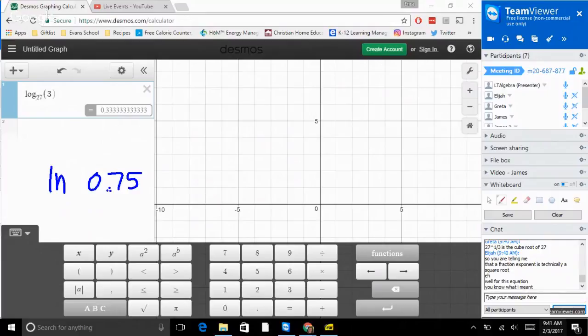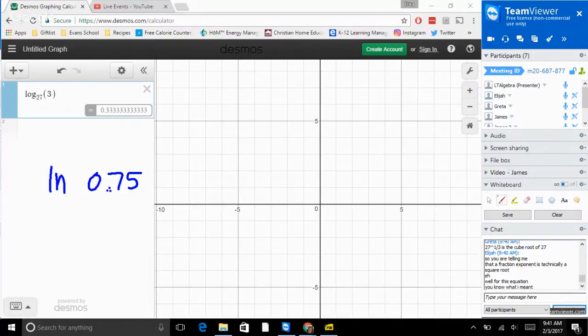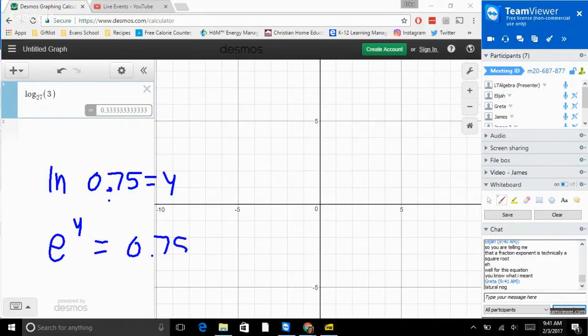This one I don't know off the top of my head, but I know what it means practically. I want to know e to what power gives me 0.75.